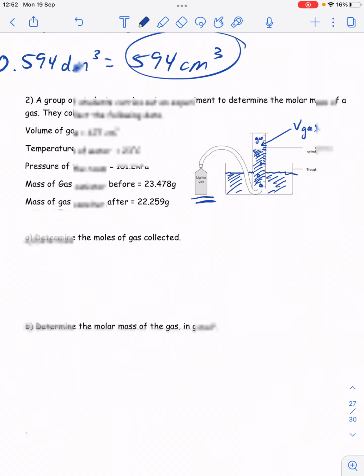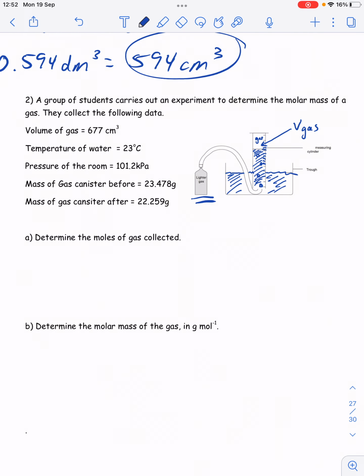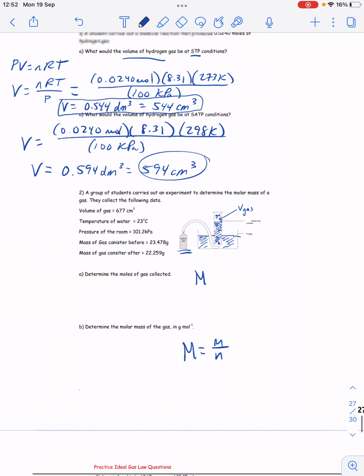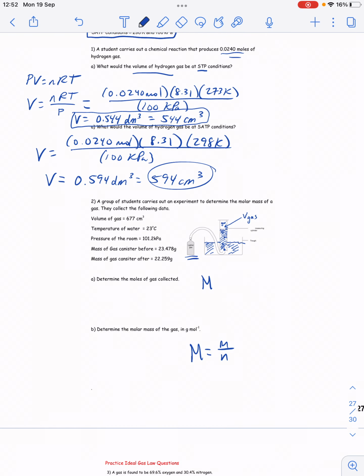Okay. Now we can determine the molar mass of a gas. We can rearrange the equation directly. We know it's mass and moles, and we can replace moles in the ideal gas law equation because PV equals nRT. So n equals PV over RT.